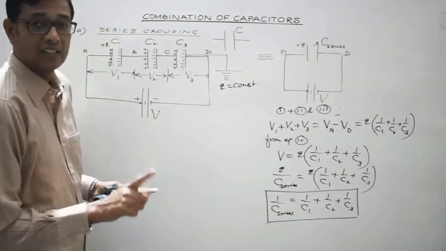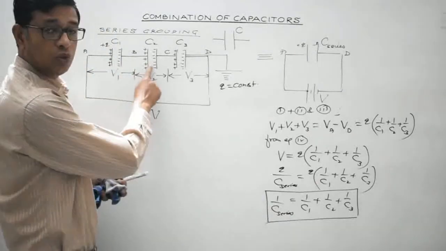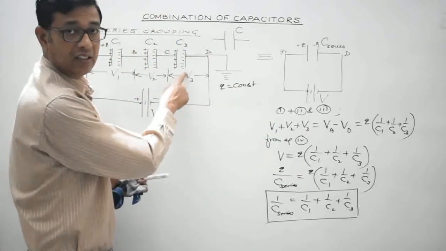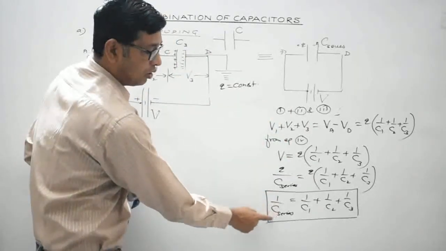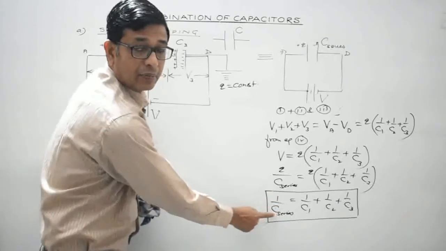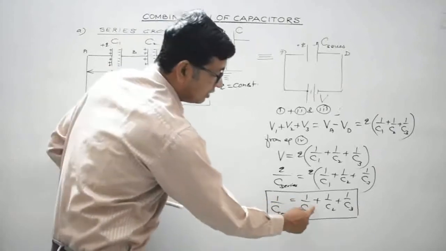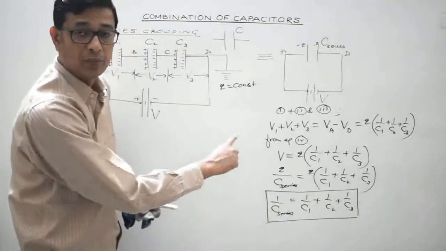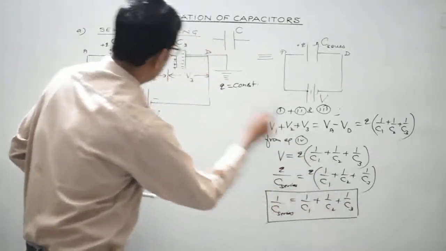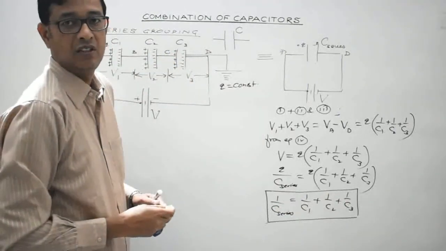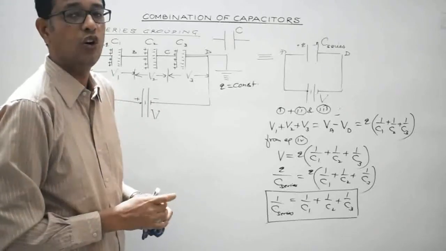This law states that when two or more capacitors are connected in series, then the reciprocal of the resultant capacitance of the series grouping is equal to the sum of the reciprocals of the capacitances of the individual capacitors. So that's the law of series grouping.